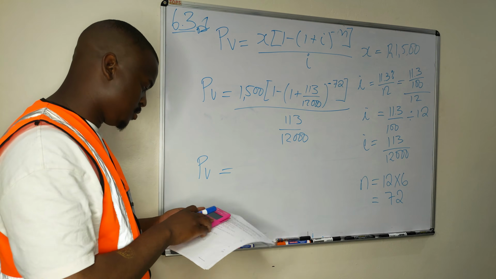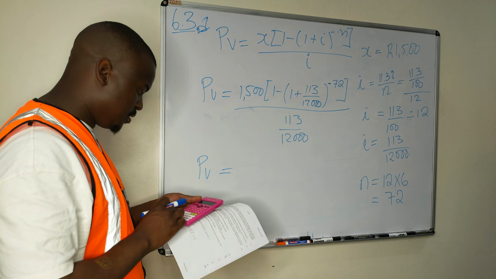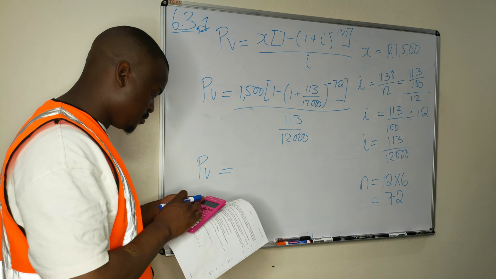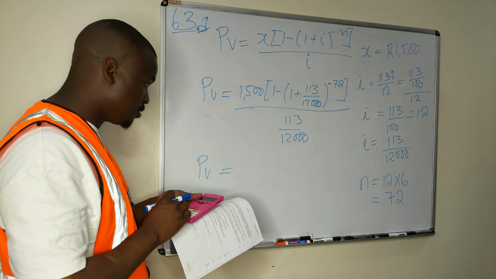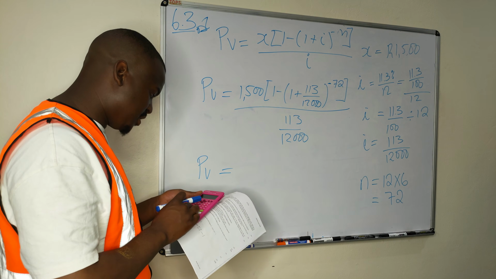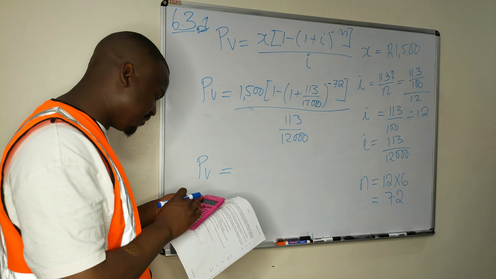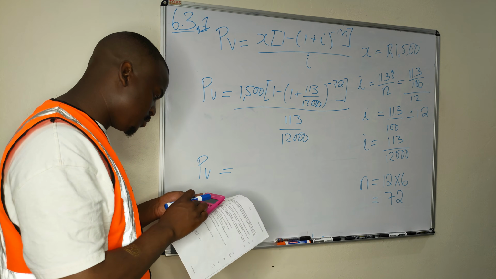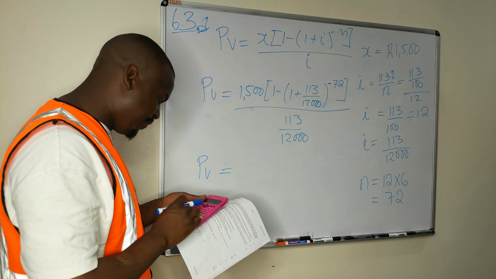So our present value is equal to, say okay, punch that on a calculator as it is. So it's 1,500 times 1 minus 1 plus 113 over 12,000, all raised to negative 72, over 113 over 12,000.